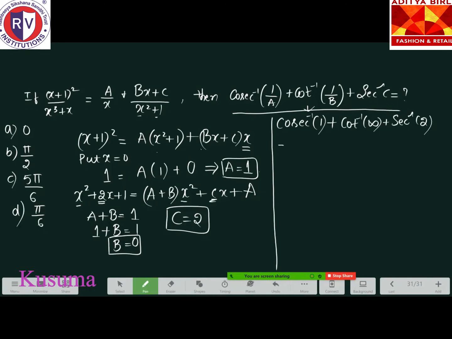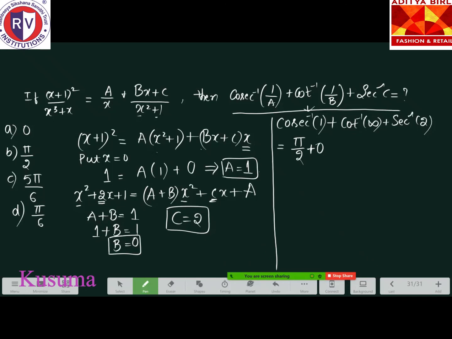Right? So what is cosecant inverse of 1? This will be pi by 2, right? Cosecant pi by 2 is 1, right? So cosecant inverse of 1 is pi by 2 plus cot inverse of infinity.